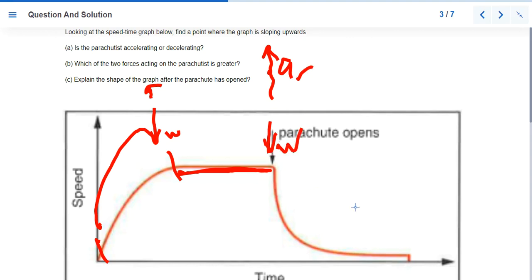And by the time it lands over here, the air resistance and the weight are equal. So after the parachute has been opened, the air resistance and the weight become equal. That's why it's able to land, to stay on the ground.